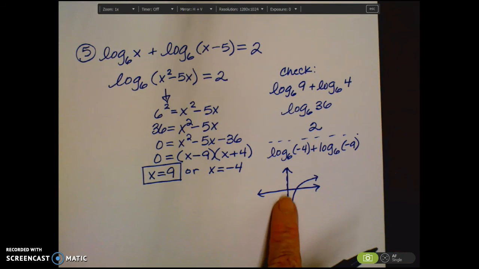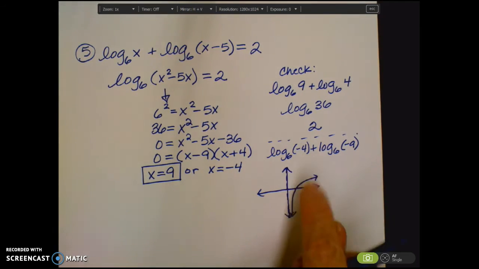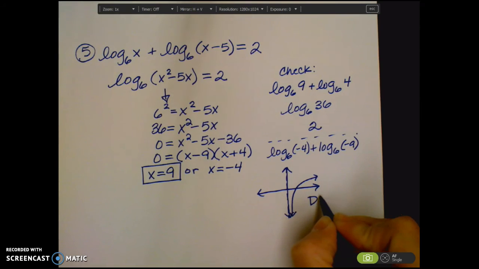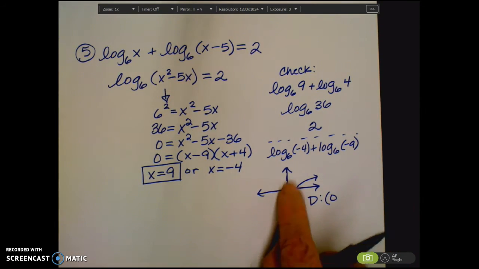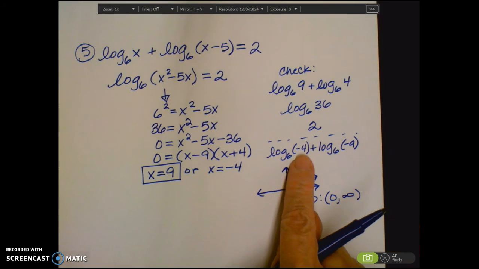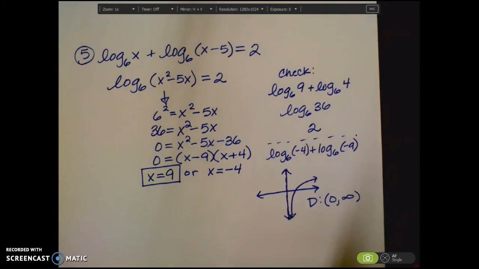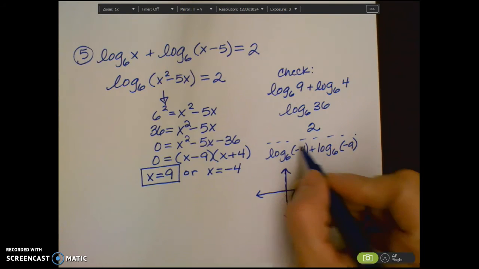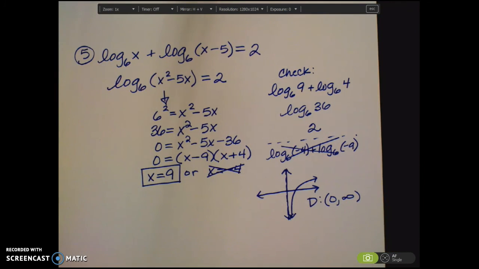You'll note that no input value that's negative can be used in the domain of this function. The domain of that function has to be from 0, which is not included because of the asymptote, up to infinity. Which means in this case, the variable x cannot be a negative, which takes this equation and makes it impossible, which means this solution is also impossible.